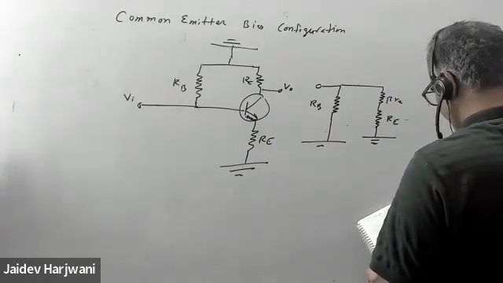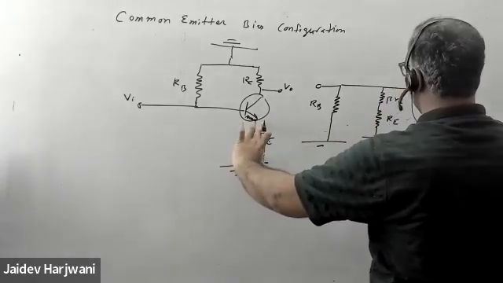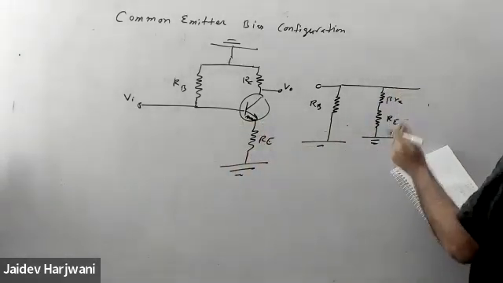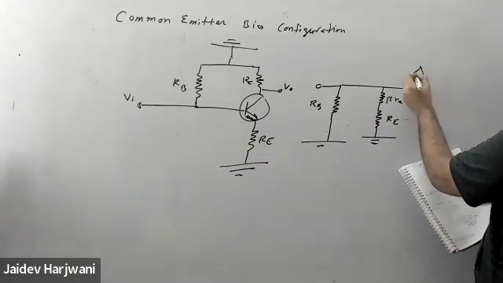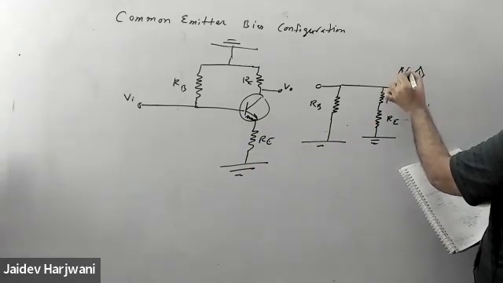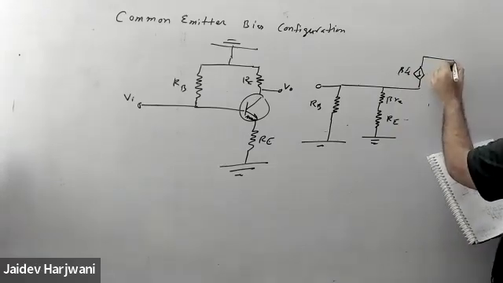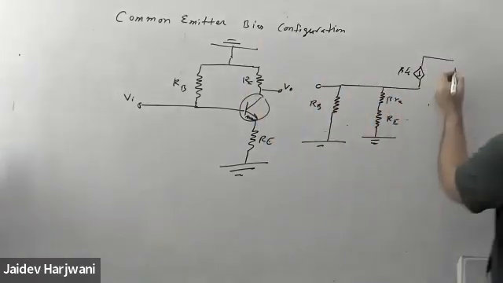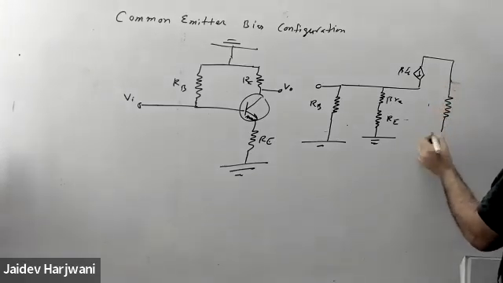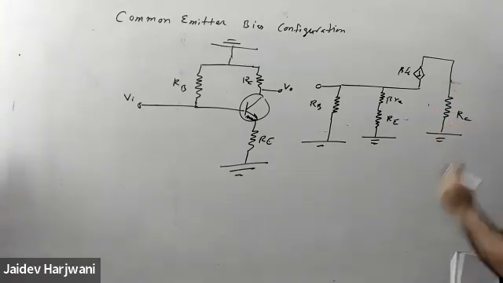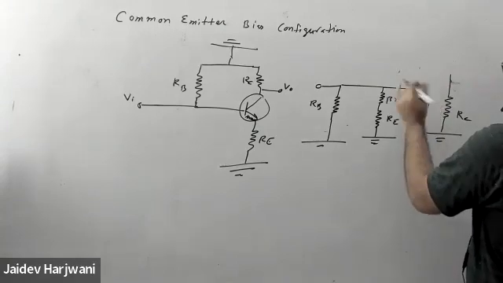Similarly, if you see the output, the output is not grounded. Earlier this was grounded, so the resistance was there. So your output will be like here. You will have a current source here, beta IB, and then you have this RC, which is grounded, of course. Or you can put it slightly in parallel, so you can make it like this also.